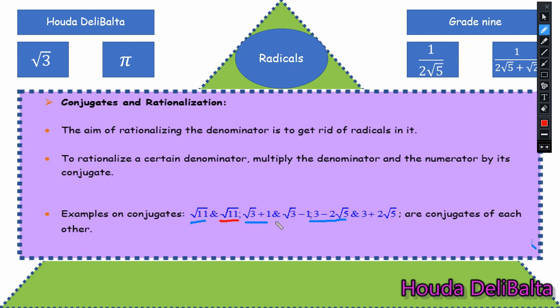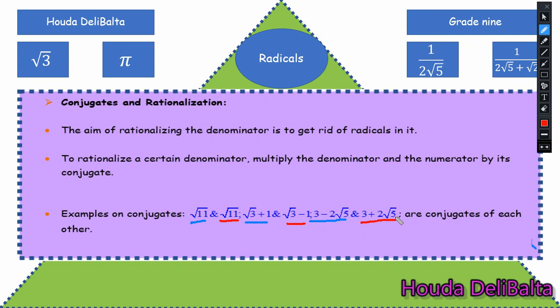Radical 3 plus 1, its conjugate is radical 3 minus 1. And 3 minus 2 radical 5, its conjugate is 3 plus 2 radical 5. So as you see, you just put the opposite sign in the middle. If you have plus, you put minus and you multiply as I've shown you before. And if you have minus, you choose plus in the middle and you multiply them.